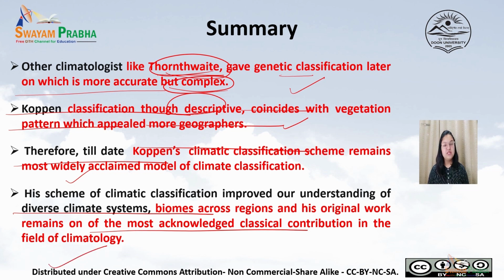His scheme to date is used widely to study the climate patterns, climate types, and climate categories around the world. Although several advanced modifications have been presented with time to accommodate regional variations and to make it more representative of real world climate conditions.